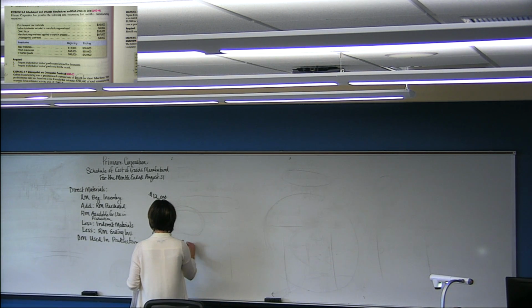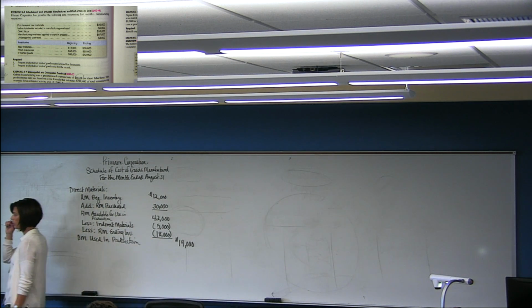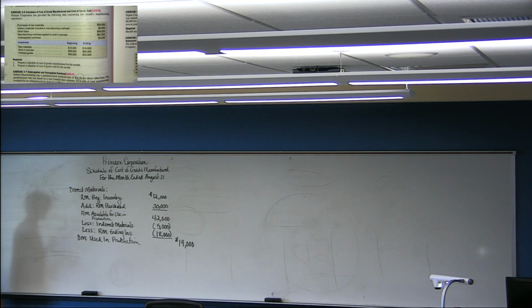So there's my first number for that right column, 19,000. So this part identifies that first PowerPoint that we looked at, calculating the amount of direct materials used in production. All right. The second part now is to assemble our manufacturing costs.